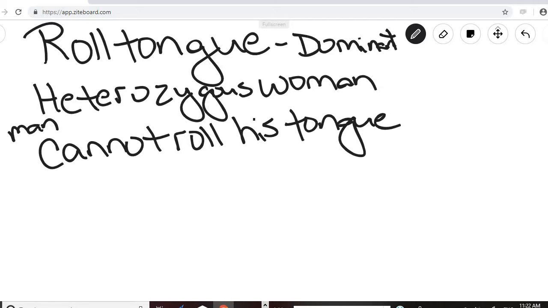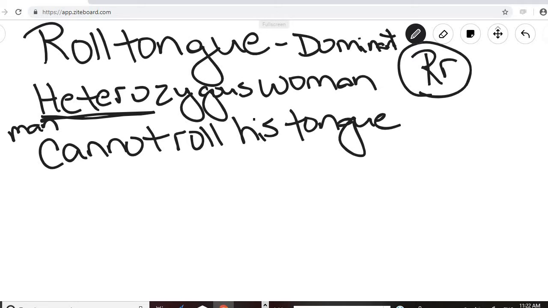So the heterozygous woman. Heterozygous tells us that the two letters in her genotype are going to be different. Let's use the letter R, uppercase R and lowercase r. So she's heterozygous and she can roll her tongue, so this would be her genotype.